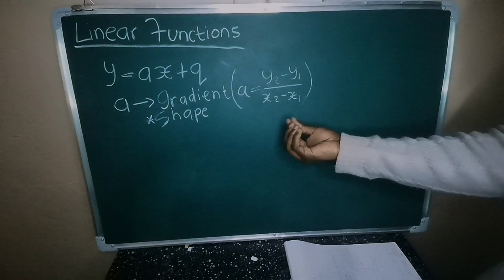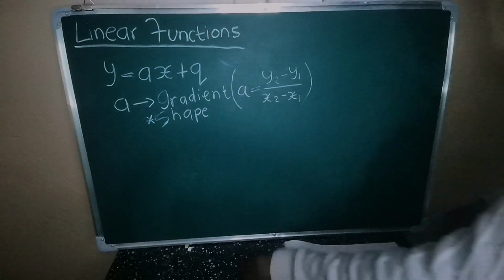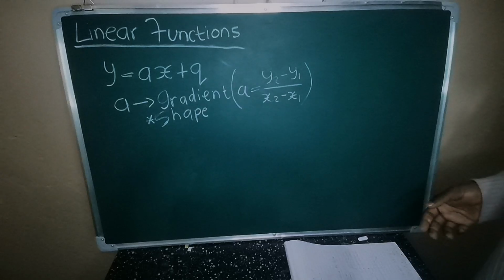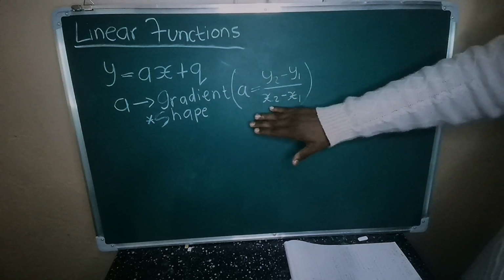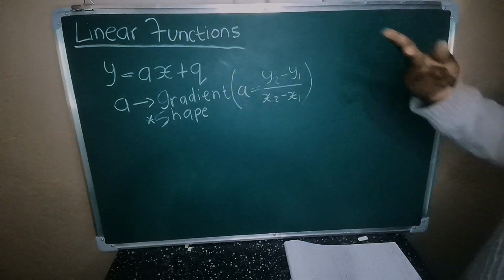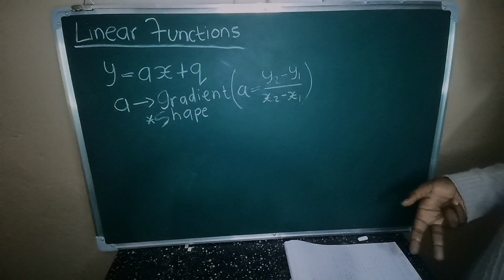It's the same formula we use in analytical geometry to find the gradient of 2 points. So with this formula we find the value of a if you are given 2 points on a straight line.